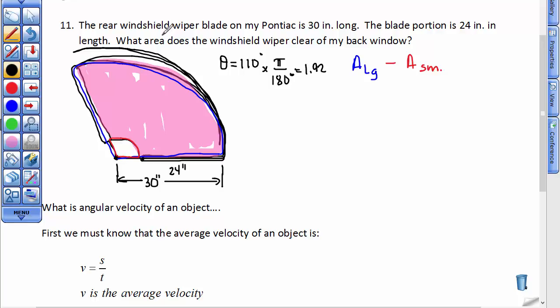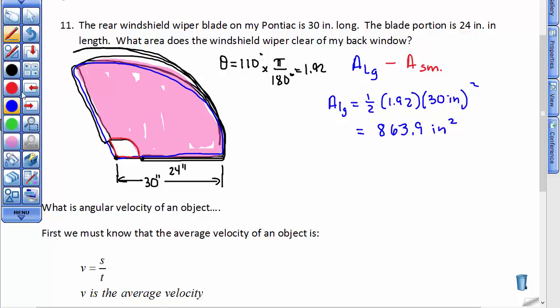And then I'm going to go ahead and do these calculations in color. So the area of the large sector would be 1/2 the 1.92 times the 30 inches squared. And I get a value for that one of 863.9 square inches.